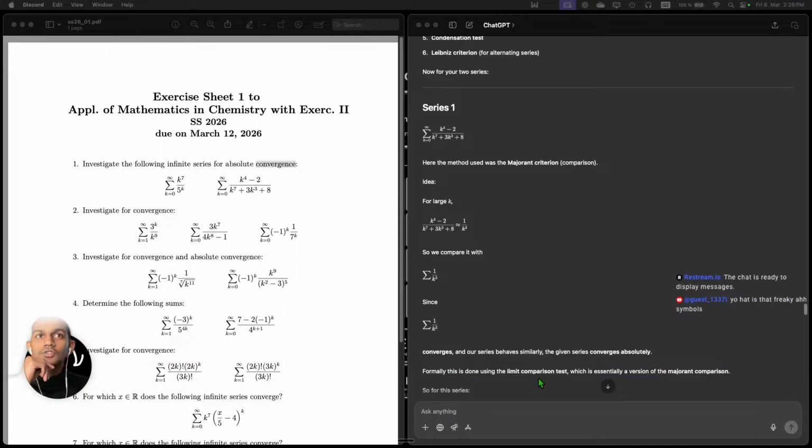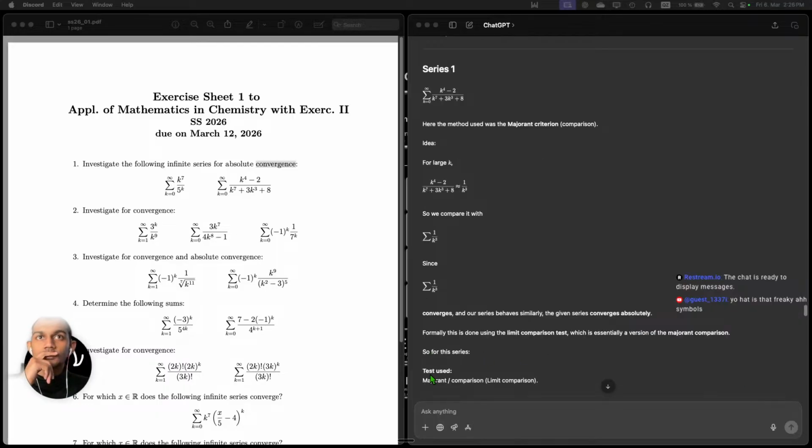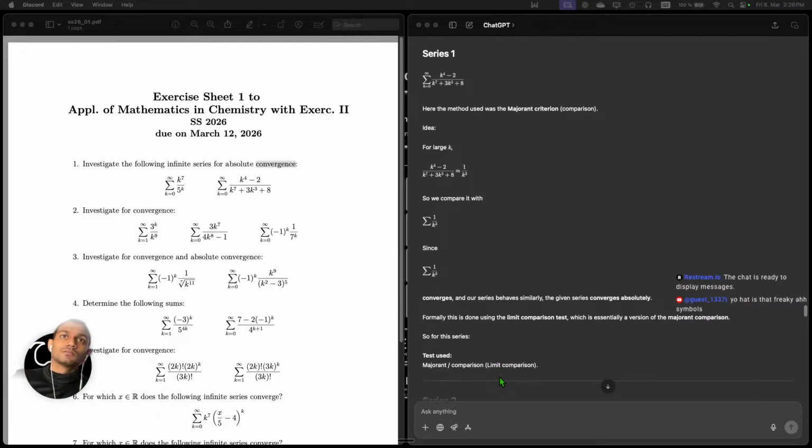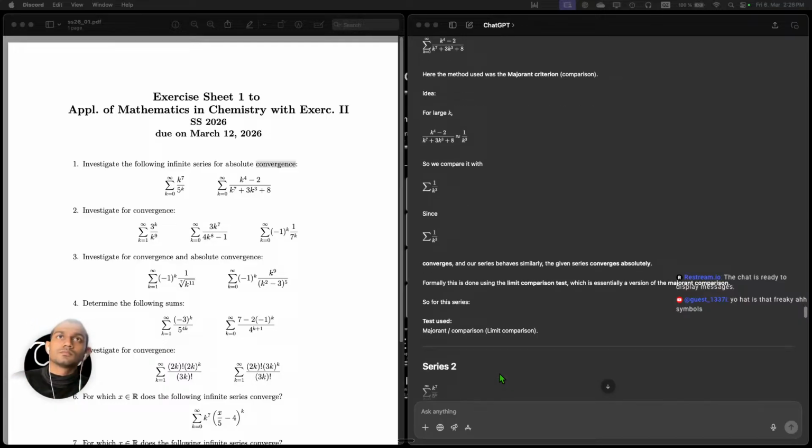Formally, this is done using the limit comparison test, which is essentially a version of the majorant comparison. For this series, the tests are majorant comparison, comparison, limit comparison. How were we comparing it? I forgot.